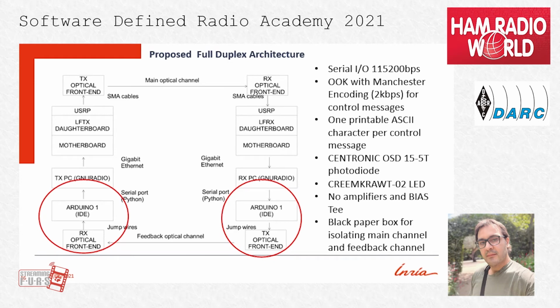And for this first implementation we just used some black paper box around the receiver devices, in order to avoid the coupling between the main channel and the feedback channel.